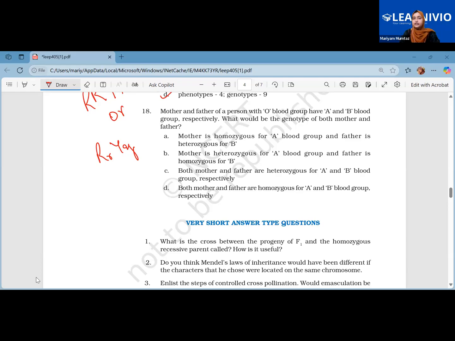They are saying the offspring is O blood group, right? What is the genotype of O blood group person? Small i and small i, right?